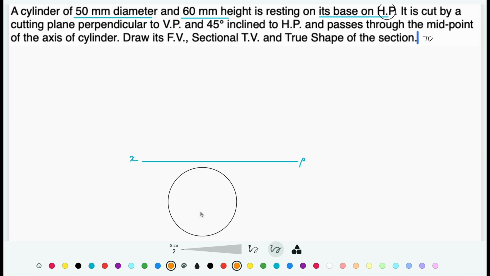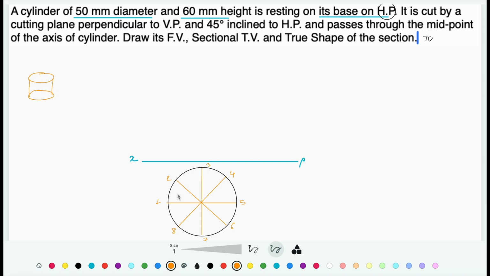Now split that circle into certain equal divisions. This is first, second, third, fourth, fifth, sixth, seventh and eighth, and as it is a cylinder, it is going to have a circle at the top and a circle at the bottom.